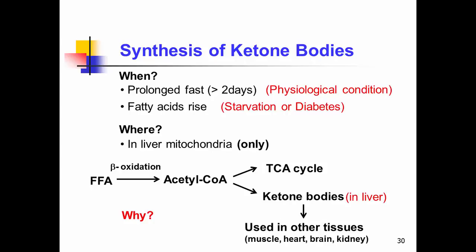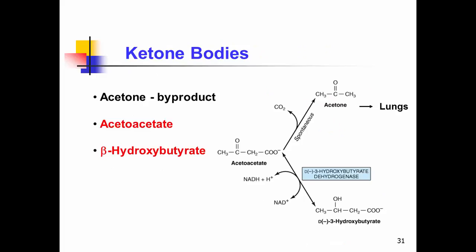Another interesting thing is that the liver makes ketone bodies, but usually cannot utilize ketone bodies, so it releases ketone bodies into circulation to be used by other tissues. The reason why the liver cannot use ketone bodies, we will talk about in the next slide, right?